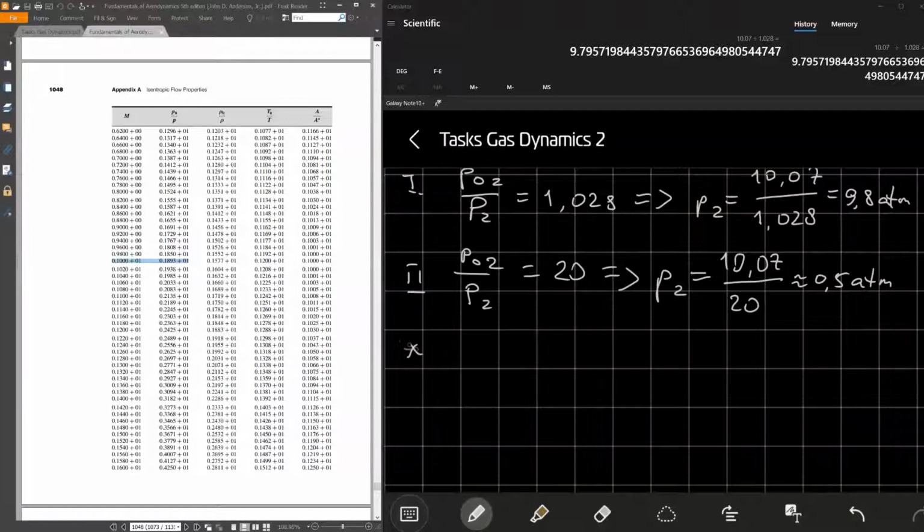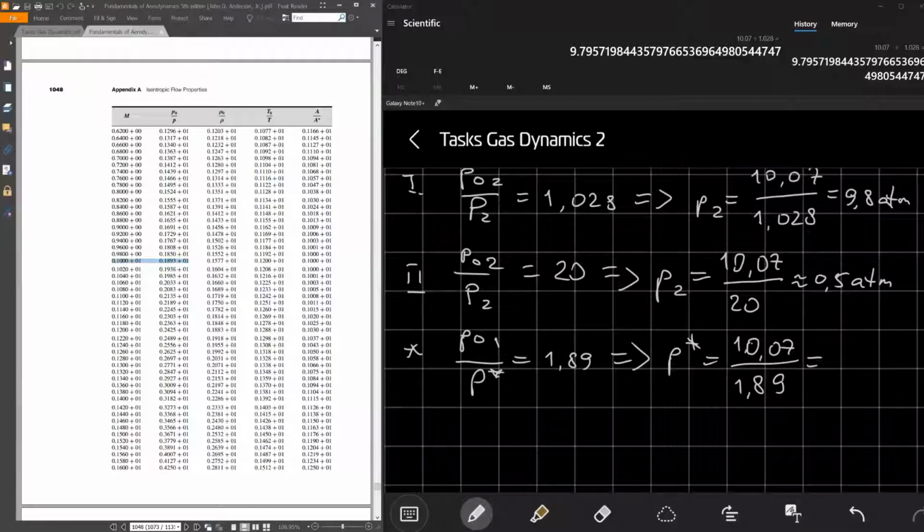I will put here this characteristic sign, and I will write that P01 divided by the characteristic pressure is equal to 1.89, basically very close to 2 times. And from here, I will find that my characteristic pressure would be then 10.07 divided by 1.89.